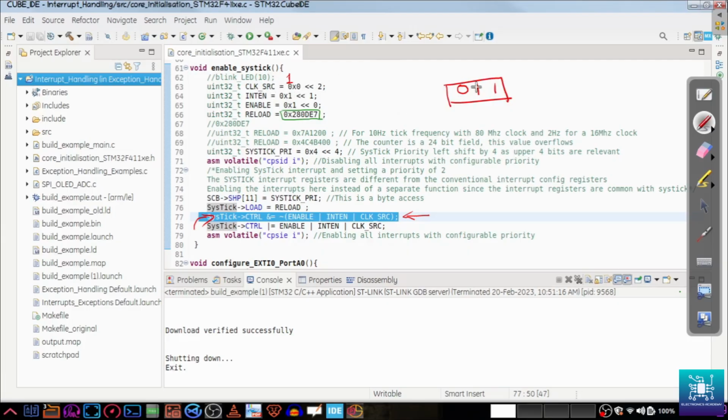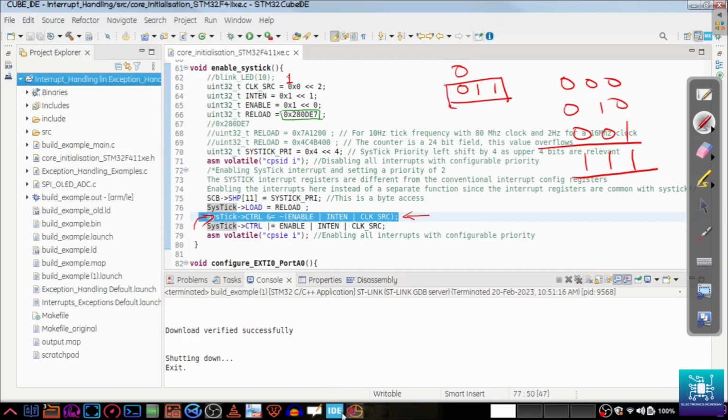So 0 moved to two places is 0 0 0. Then this one is 0 1 0 and this one is 0 0 1. So carelessly, I was thinking that I was actually ANDing it with a 1 1 1. So basically this was ANDing with a 0 1 1. So ANDing and clearing the fields.